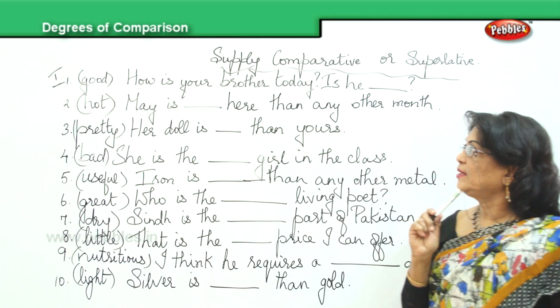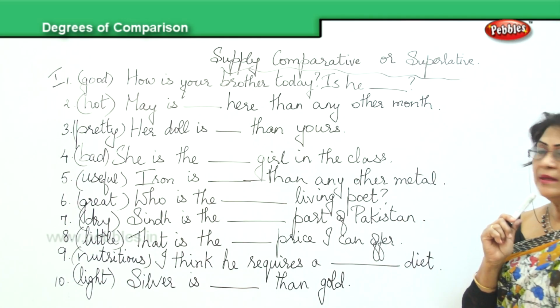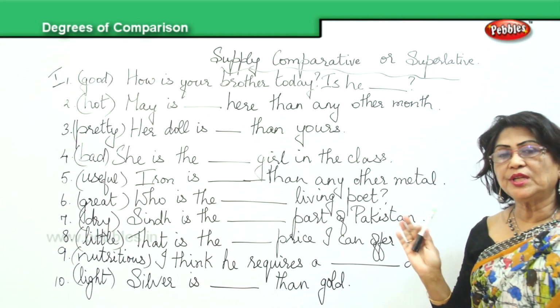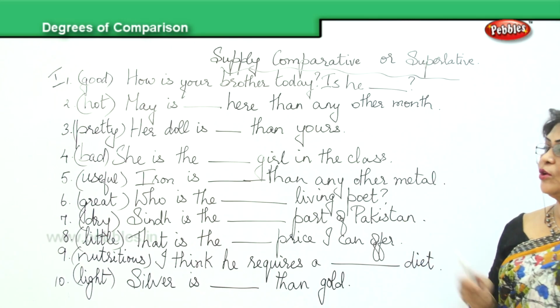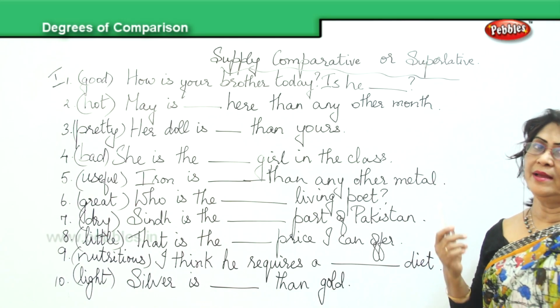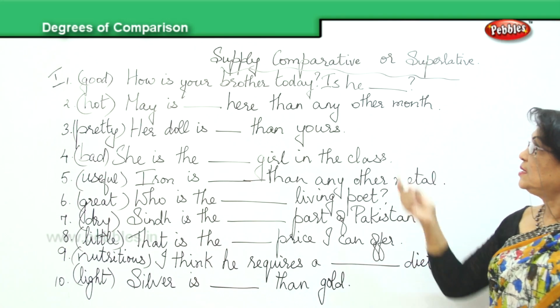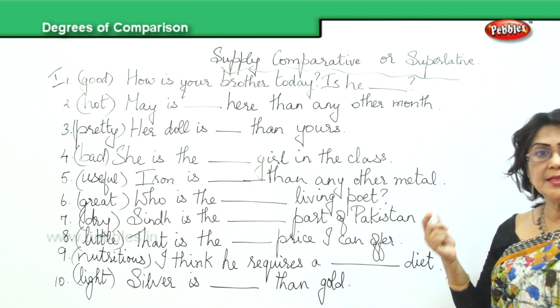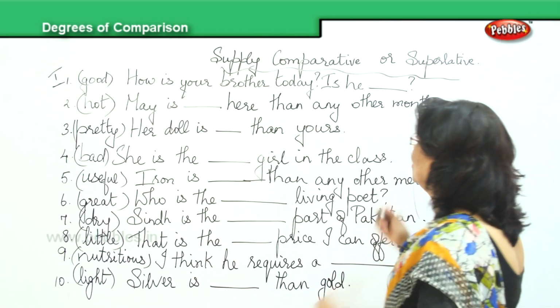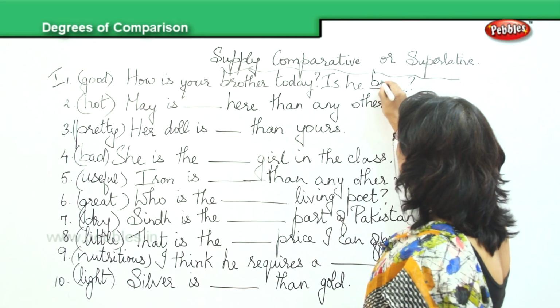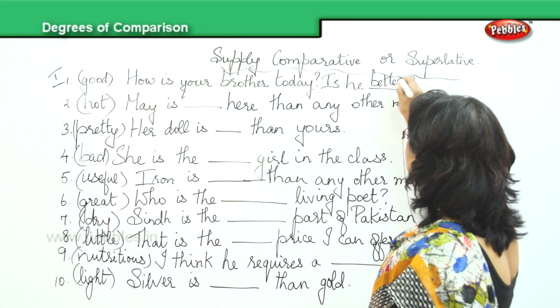Okay, what will you write? What are the other two degrees of comparison for good? Better and best. Is he best? We can't say. Is he better? How is your brother today? Is he better?